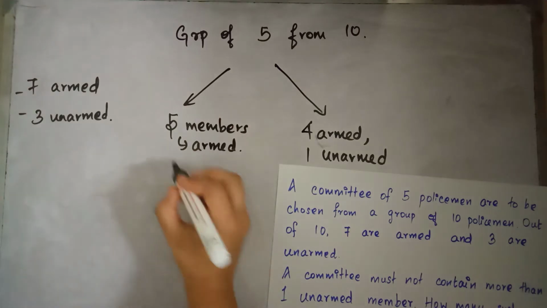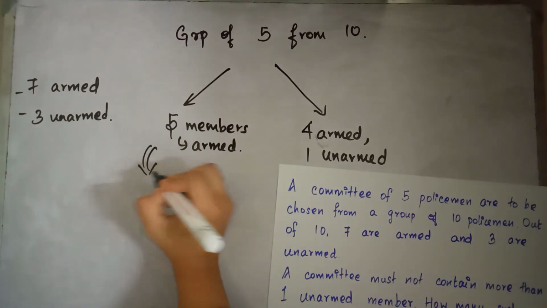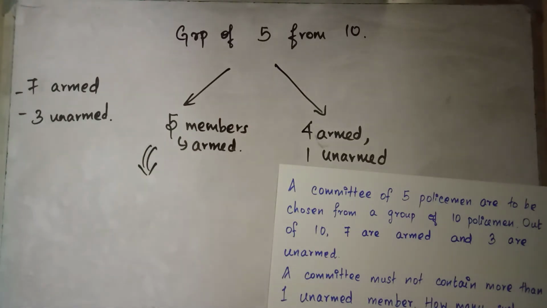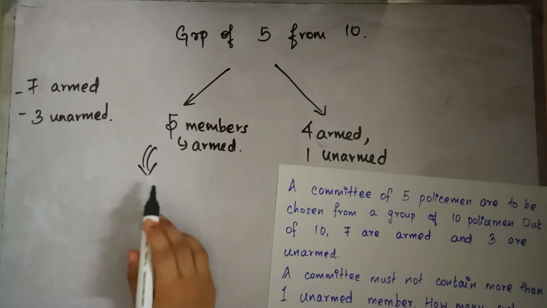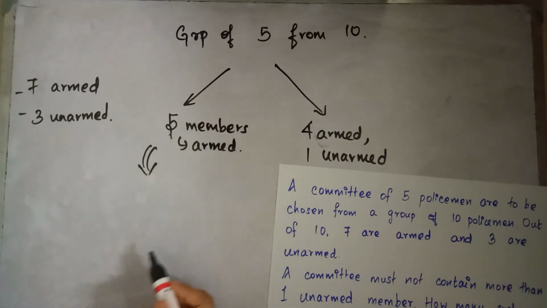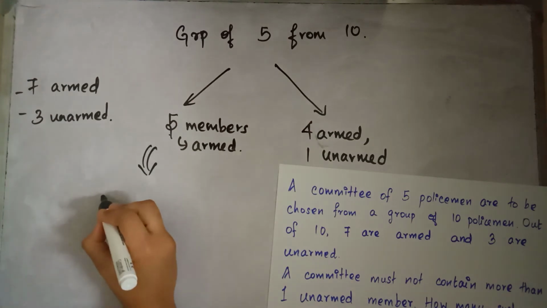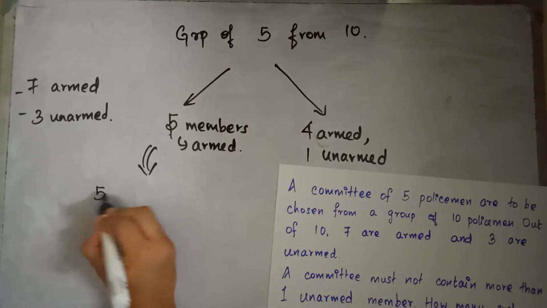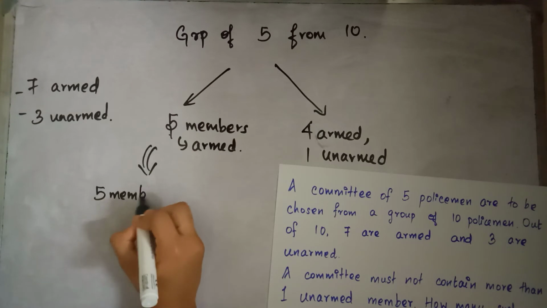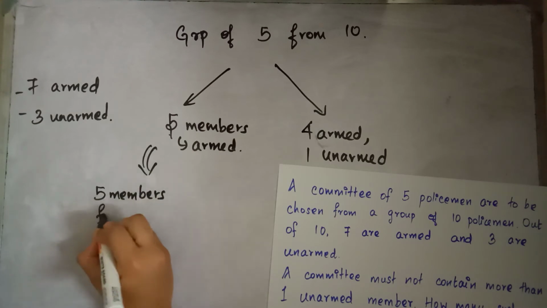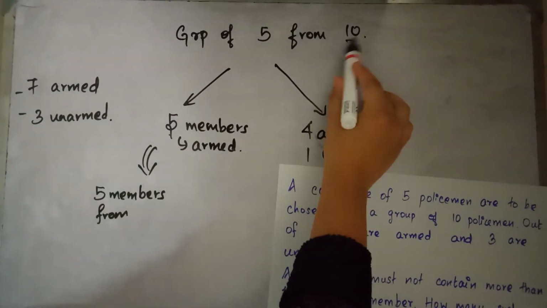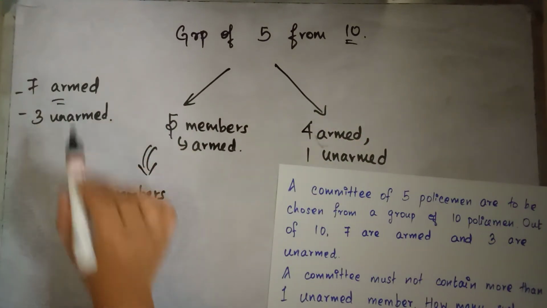First we'll be looking at this type of committee where all 5 of the members are armed members. So I have to form a group of 5 armed members. And how do I do that? I'll be choosing 5 members from how many people? Is it 10 or is it 7?